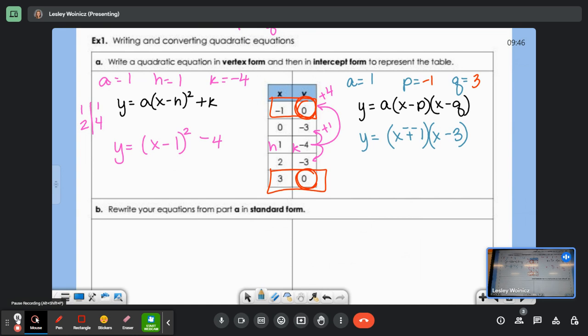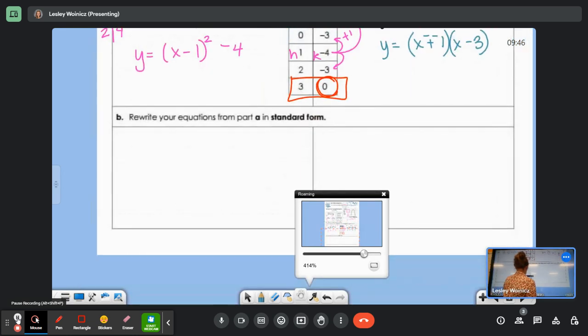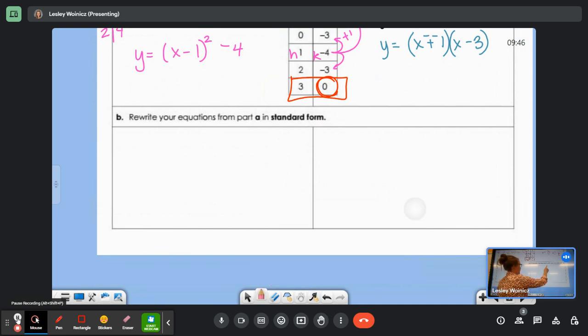Okay, now we're going to rewrite our equations from part A in standard form. So for vertex form, first I have to expand and write it twice. So it'll be y equals x minus 1 times itself minus 4. So I get x times x equals x squared. x times -1 gives me -x. -1 times x is -x.